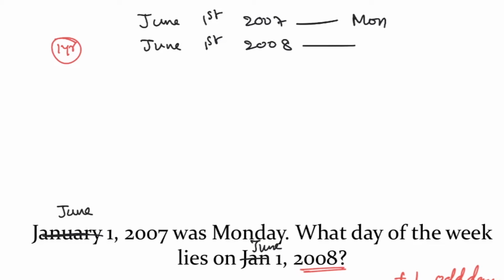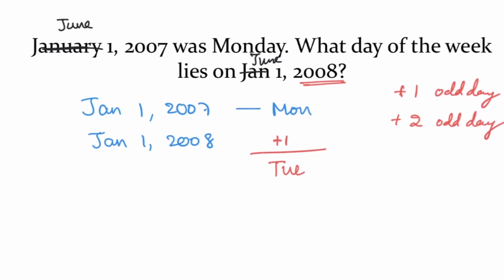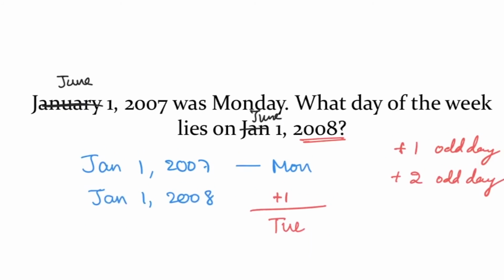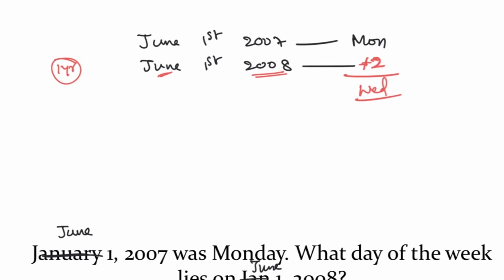In that 1 year, 2 odd days are added because 2008 is a leap year and June is after February. From February 29th onwards, we count 2 odd days. Monday plus 2 days, Wednesday would be the answer. If it is before February 29th, we add 1. If it is after February 29th, we add 2.